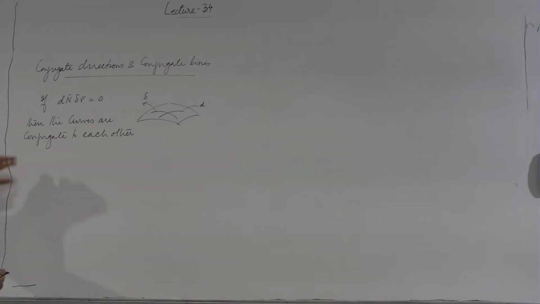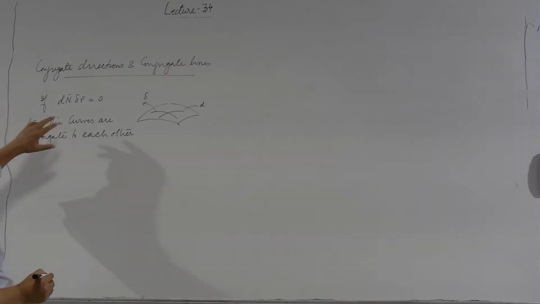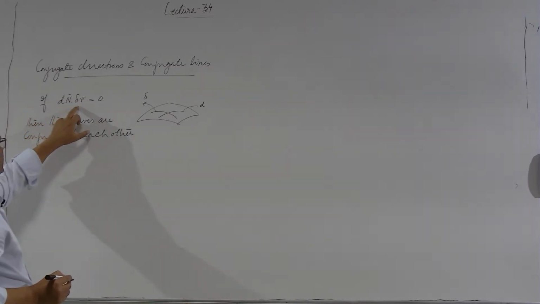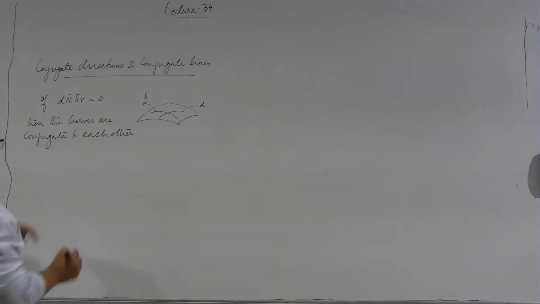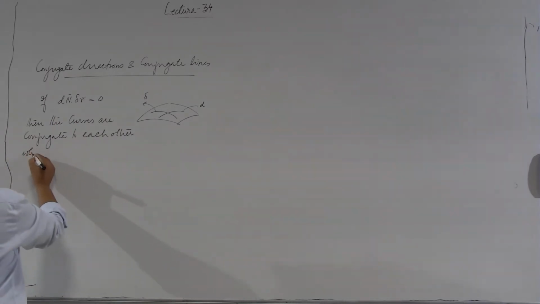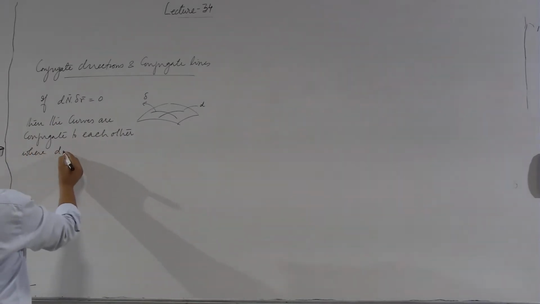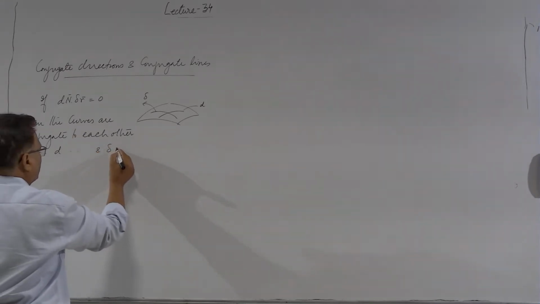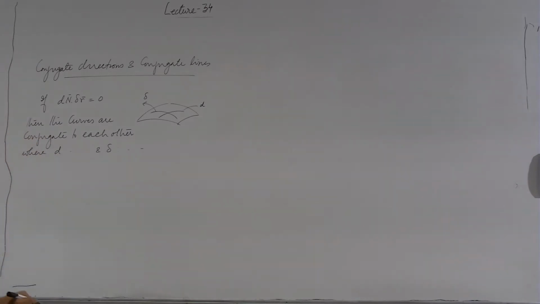This definition will be incomplete unless you specify that d is a differential operator on one curve, delta is the differential operator on the other. So, you must complete by writing where d is the differential operator along the first curve and delta is the differential operator along the second curve.